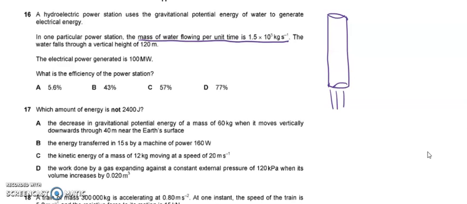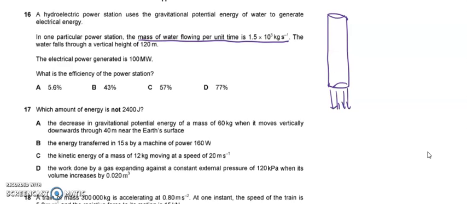Question 16. It tells us that the mass of water flowing per unit time is 1.5 times 10 to the power of 5 kilogram per second. We can think of it like this. Let's say we have a tube in the form of a cylinder, and we imagine water flowing out from here.